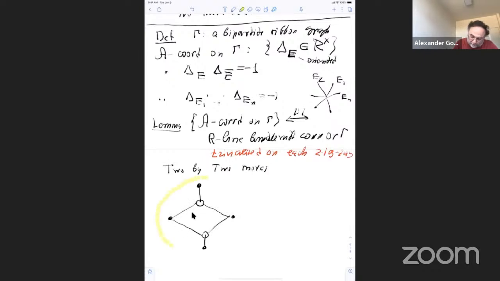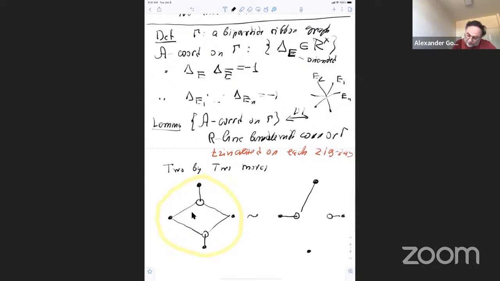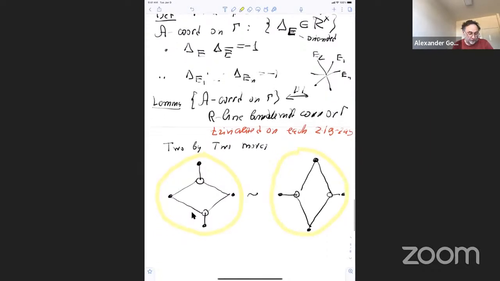Then you just mutate it in a way that you keep the outside the same, but the inside changes. So the white vertices jump to different black vertices, but the outside situation is the same. So that's the standard move.